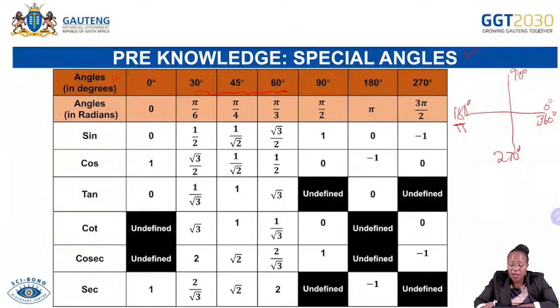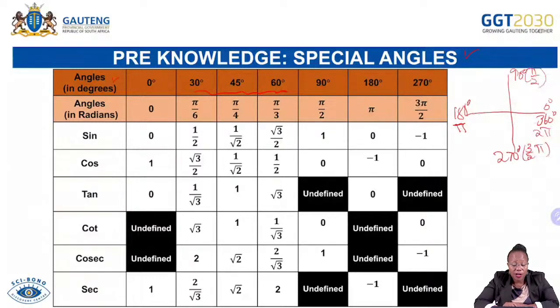And then when I am at 360, because 360 remember is 180 times 2, that means the same applies. If 180 is π radians, that means 360 will be 2π radians there. So that is how you can be able to remember this. And then now, when you are at 90, we are at π over 2. And then when you are at 270, you are at 3π over 2 radians there. So that is how we relate the degrees to the radians there.